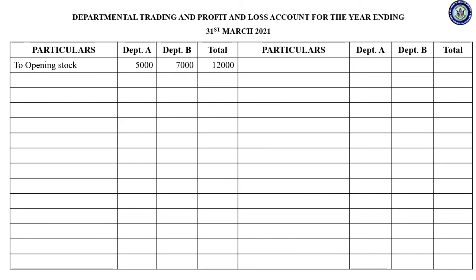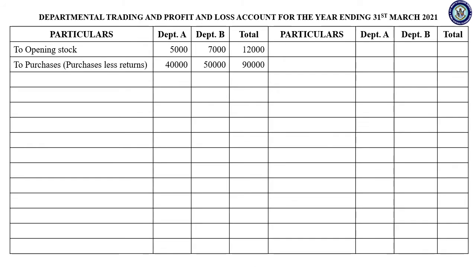Now, first we recorded the opening stock. The second one is purchases. You see the trial balance, purchases. Purchases is an expense, but you have to record the purchases after deducting returns. So you write to purchases, and within the bracket, purchases less returns.